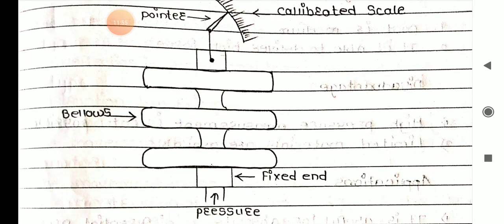So first point, bellows is a series of circular parts as shown in the figure. One by one you keep your bellows 1, 2, 3, 4 like that, in n number of series.